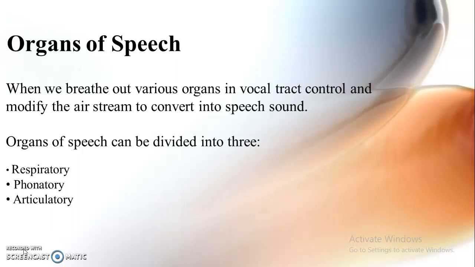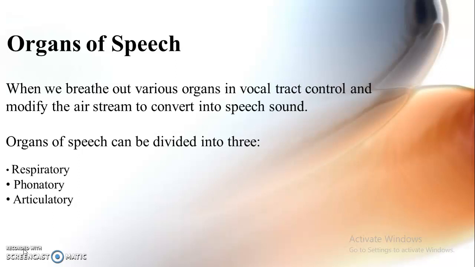So the first question that comes to our mind is, how do we make speech sounds? See, when we breathe out from the lungs, various organs in the vocal tract control or modify the air streams to convert it into speech sounds.